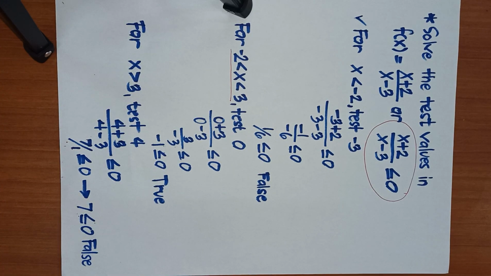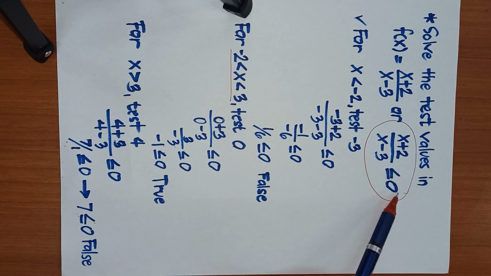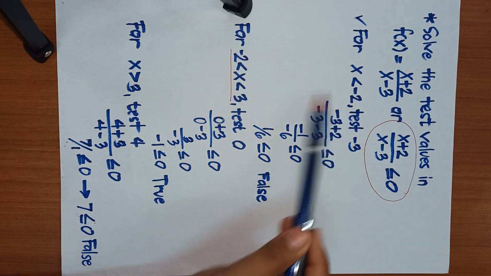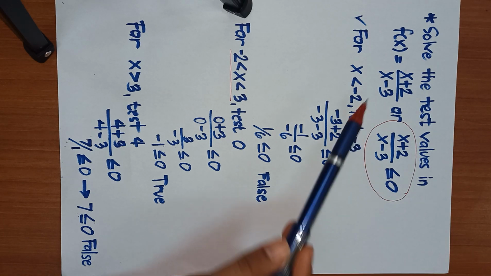After determining the intervals, we're going to solve the test values from each interval using the inequality given, (x + 2)/(x - 3) ≤ 0. So here are the 3 intervals. We choose one value from each interval.